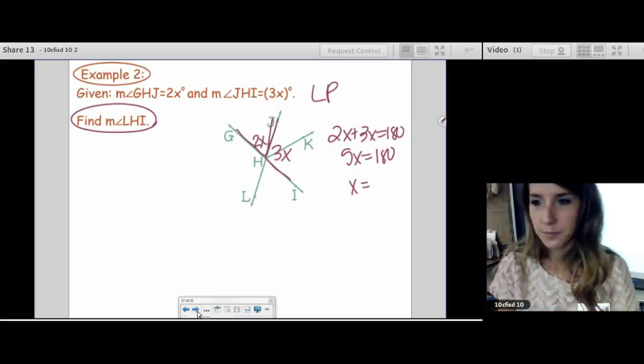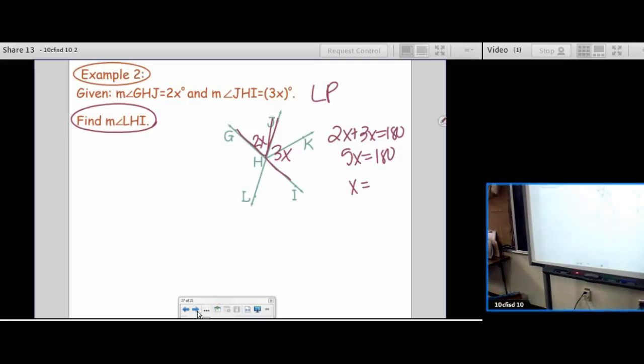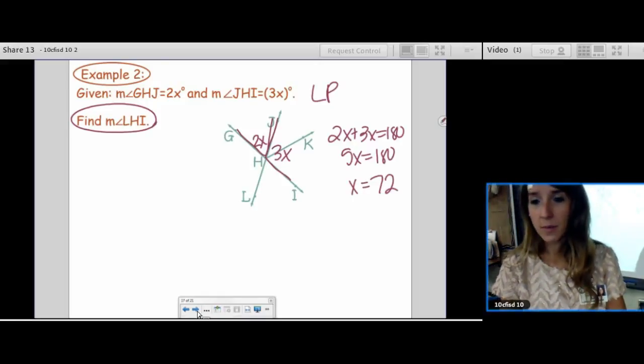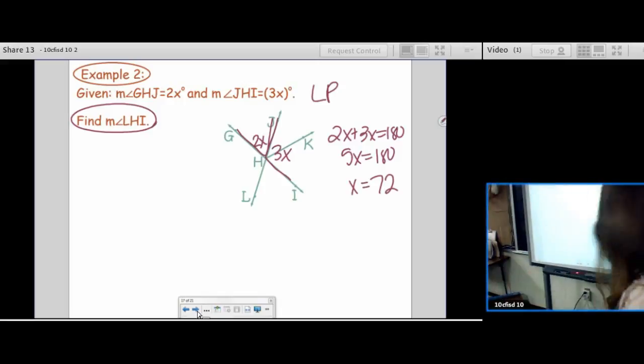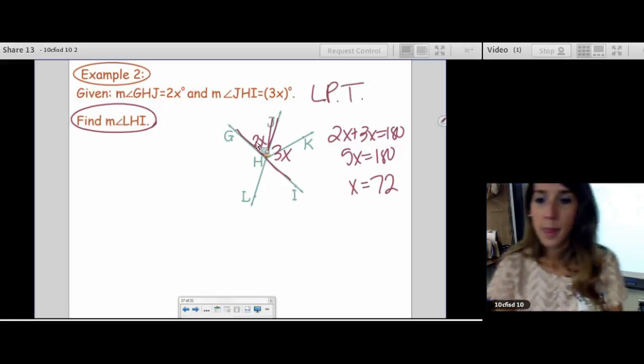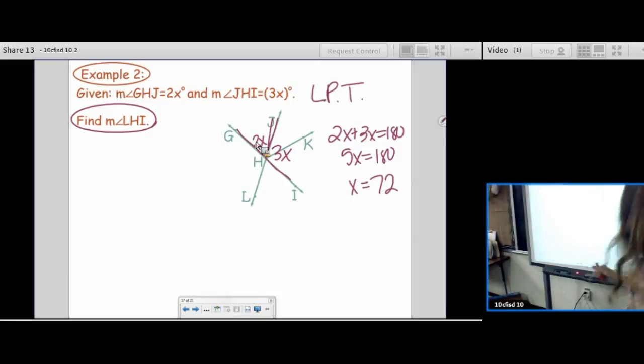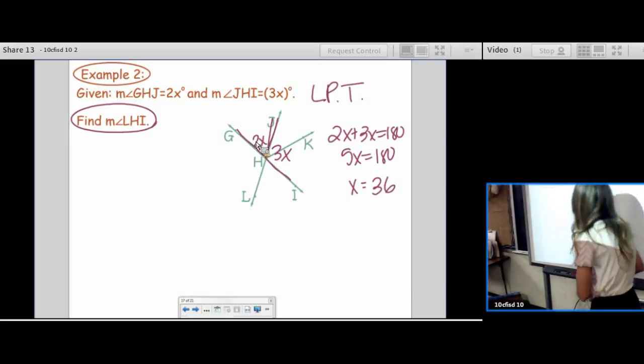All right, x is 72. But that's just half the battle. It's asking for LHI. What do you think? So far, we've used the linear pair theorem. Oh, sorry, x is 36. Oh, you put LHI as 72. Okay, you're giving it away. X is 36. So then what we want to do is go to our picture.